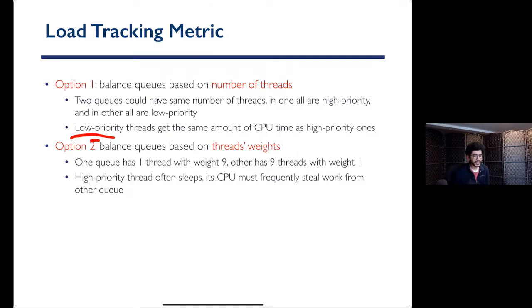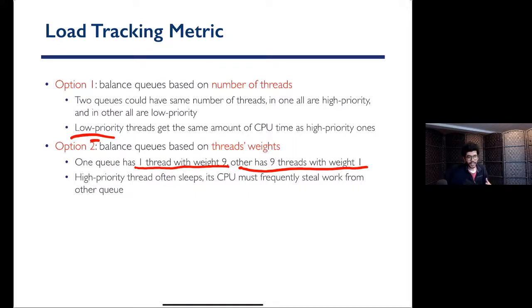For example, let's say one queue has 1 thread with weight 9. Let's say the higher your weight is, the higher your priority is. And let's say another queue has 9 threads with weight 1. Now, if I do that multiplication, 1 times 9 is equal to 9 times 1.